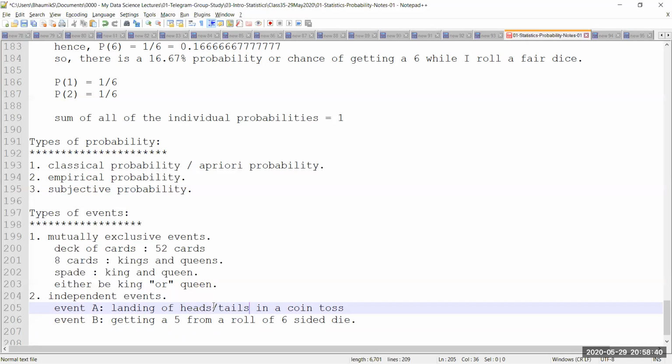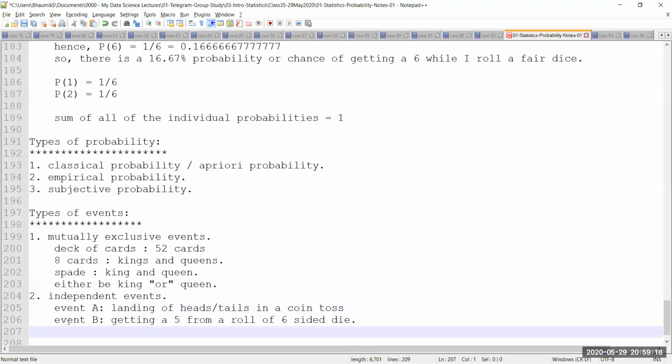The next experiment is also tossing a coin, but I'm trying to get a tail, or at least trying to find out the probability of getting a tail. I know that mathematically it will be 50%, so half of the time I should get it, but I am trying a lot. So the occurrence of tail is not affected by head, right? A and B are independent events with each other, but also in their own world of experiment, the previous event does not affect the next event. So that's what an independent event is.